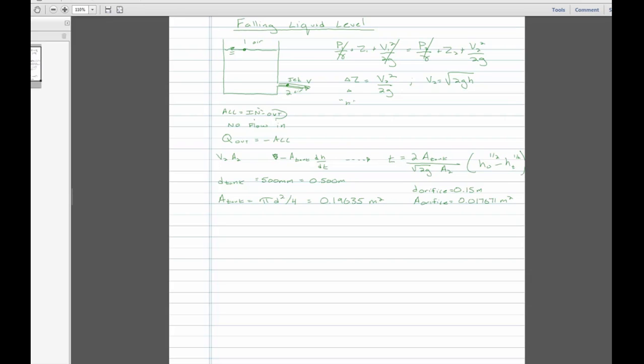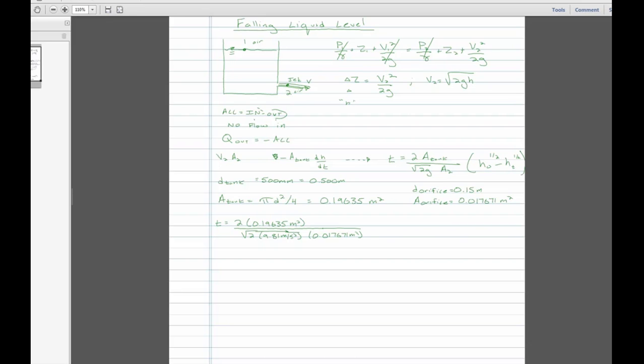If we now take a look at the amount of time it's going to take to fall, 2 times the tank area, 0.19635 meters squared, divided by the square root of 2g, where g is, for SI units, 9.81 meters per second squared, and we put in the area of the orifice, and now we are going to take a look at how long it takes to fall 1.1 meters.